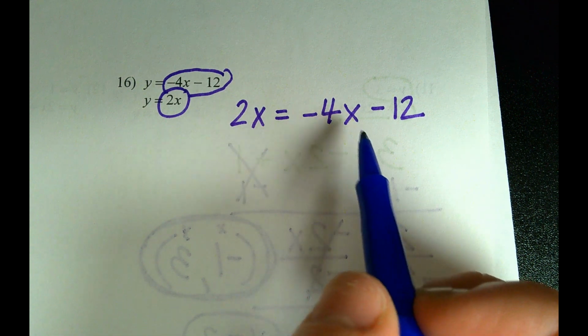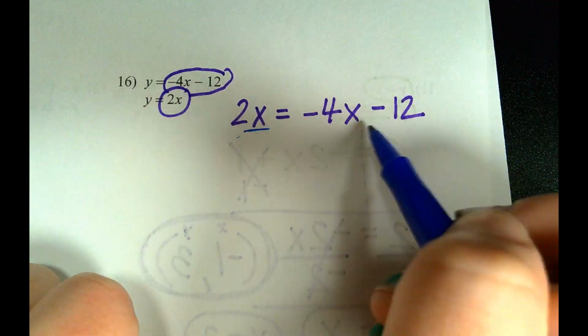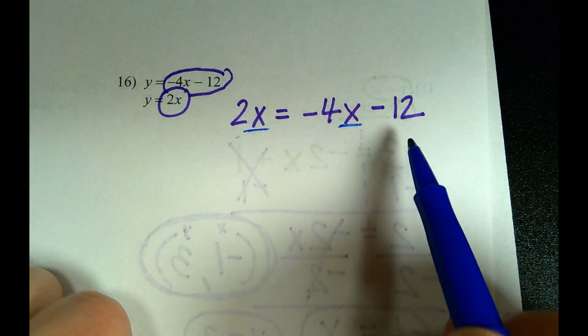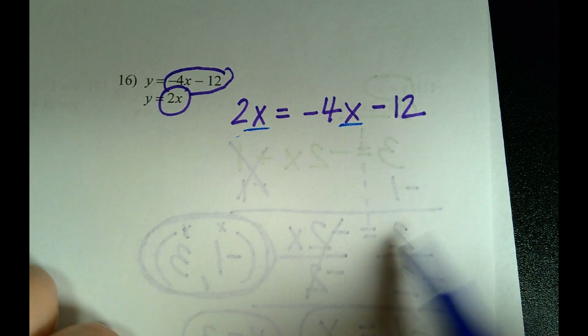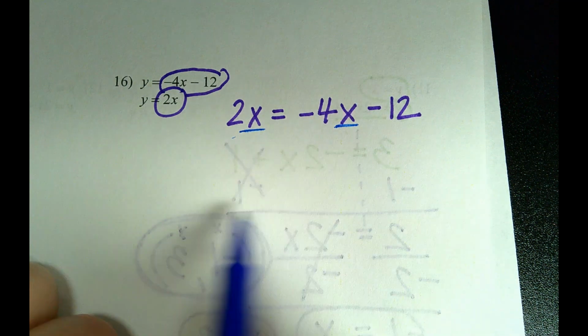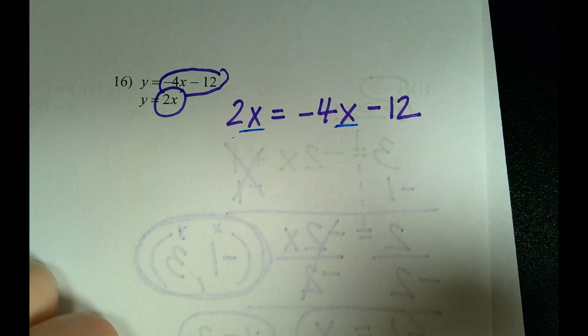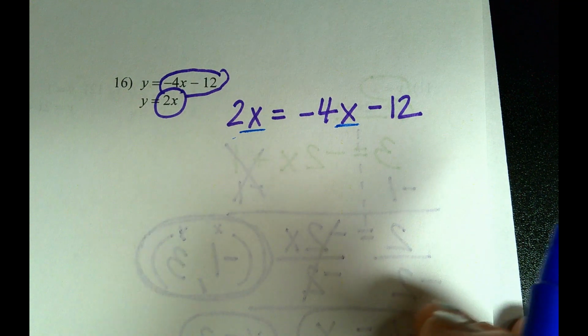So we have negative 4x minus 12. I have x's that need to be combined, and then I also have a number without an x. So if I added 12 to both sides, would that help us get closer to solving for x?